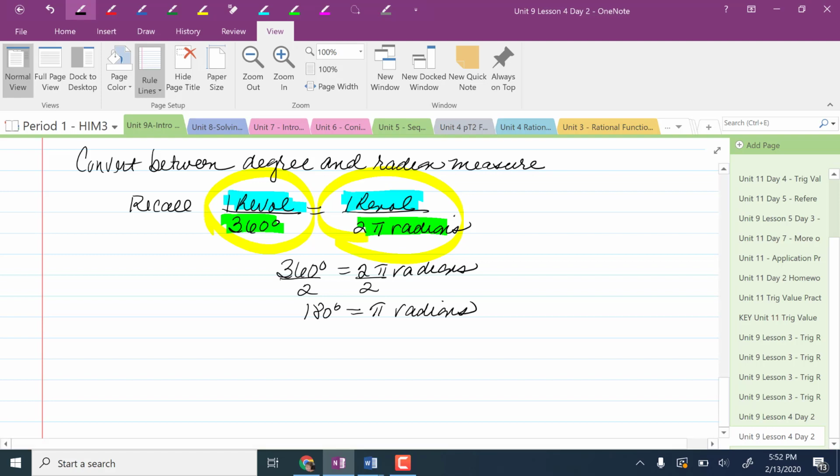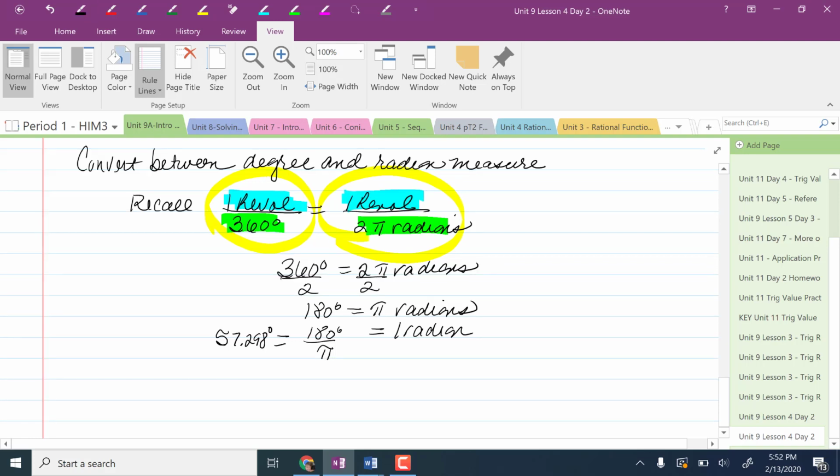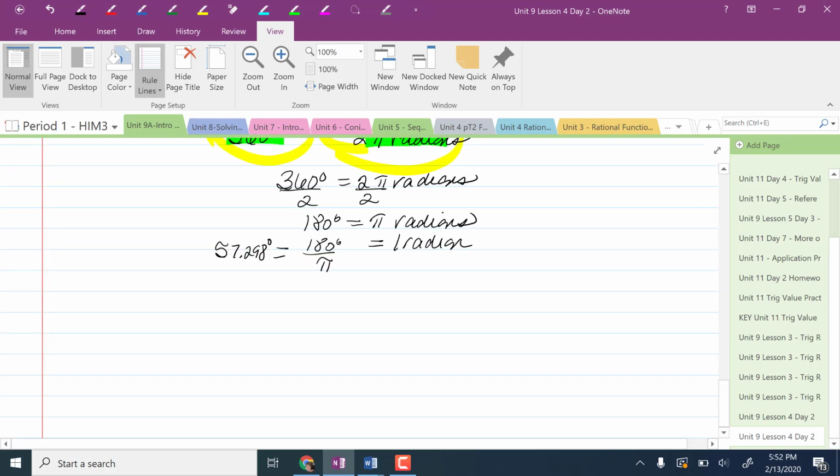Or we could say that 1 radian is equal to 180 over pi, which would be about 57.298 degrees.